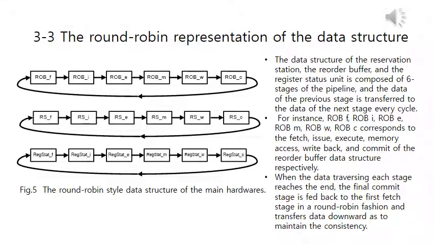For instance, ROBF, ROBI, ROBE, ROBM, ROBW, ROBC correspond to the fetch, issue, execute, memory access, write back, and commit of the reorder buffer data structure respectively. When the data traversing each stage reaches the end, the final commit stage is fed back to the first fetch stage in a round-robin fashion and transfers data downward so as to maintain the consistency.